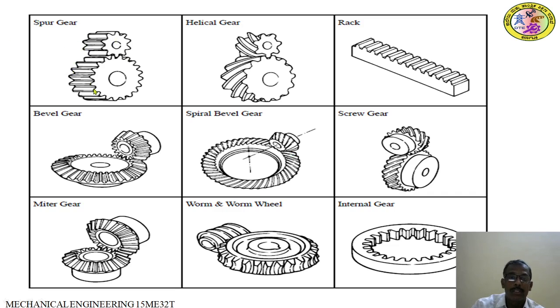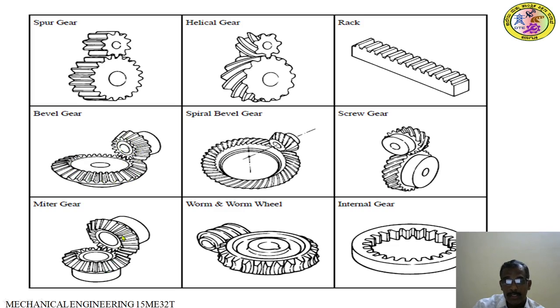Now you see here, the very first is the spur gear. This is the helical gear. This one is a rack. This one is a bevel gear. This one is the spiral bevel gear. This is a screw gear. Then miter gears. In miter gears, the teeth are equal on the driver and the driven, whereas here one has a larger number of teeth and the other has a smaller number of teeth.